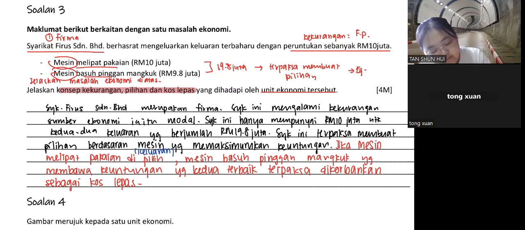So you must have the keywords of this. First you tell me this is a firm. They are facing kekurangan modal. Alright. They will membuat pilihan berdasarkan keuntungan. Okay, yang kedua terbaik will become kos lepas.